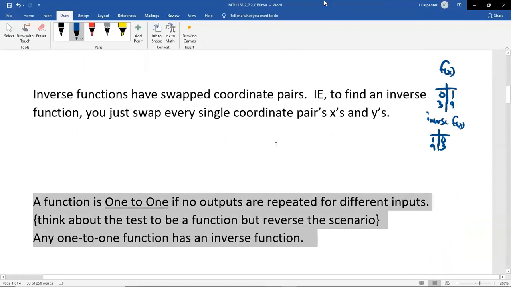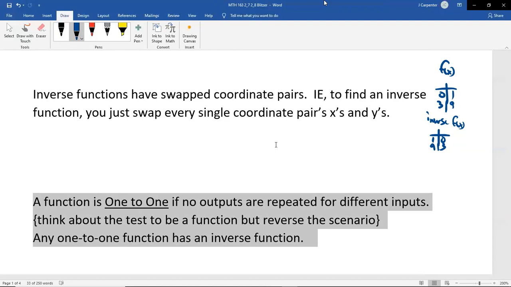A function is one-to-one if no outputs are repeated for different inputs. This is like the test for being a function, but reversing the input-output words, because inverse reverses the input and output words. So we said something was a function if all inputs had the same output, basically. A repeated input could not have different outputs.